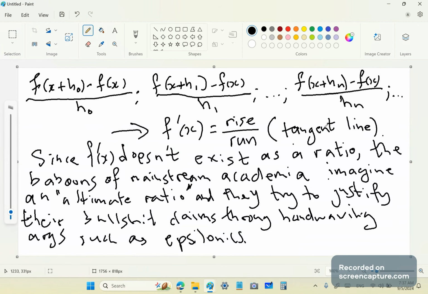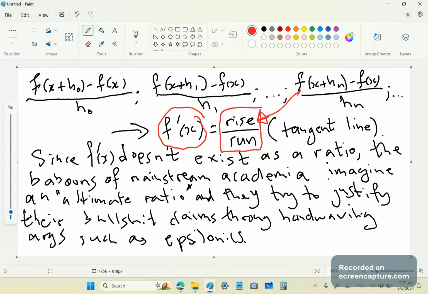So as soon as you get to this, suddenly this finite difference becomes an actual finite difference, which is rise over run. That's absolute poppycock. If you believe that, well, you're an idiot. There's no other way to tell you. Okay, it never becomes that.